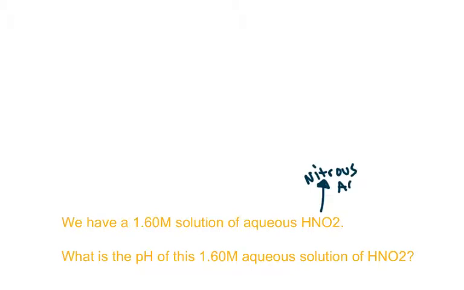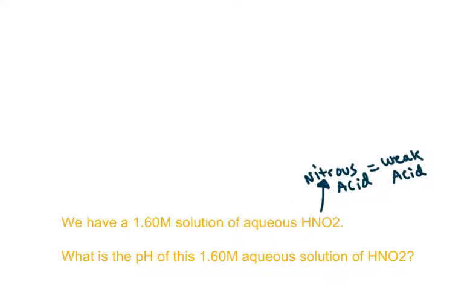Nitrous acid is a weak acid, so we expect the Ka to be low, because the higher the Ka, the stronger the acid. However, nitrous acid is a weak acid. So the question is, what is the pH of this 1.6 molar aqueous solution of nitrous acid?